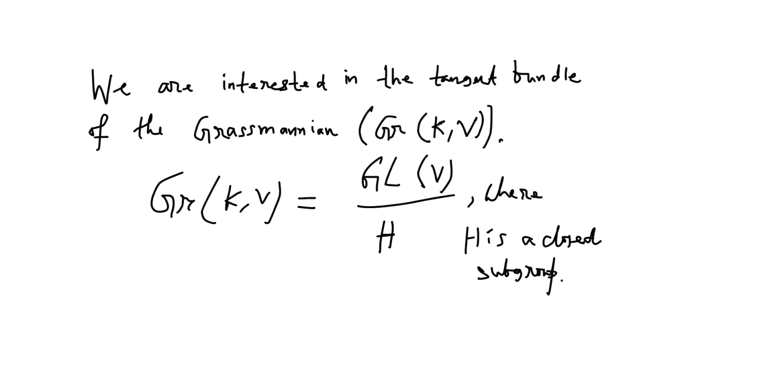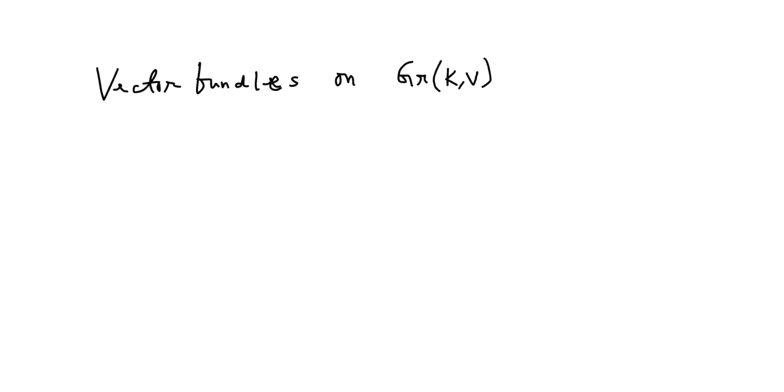Okay, so before that, let me just talk about this. There is this particular type of vector bundle on the space GR(k,V). So what is a vector bundle?